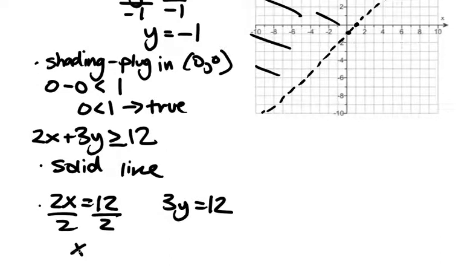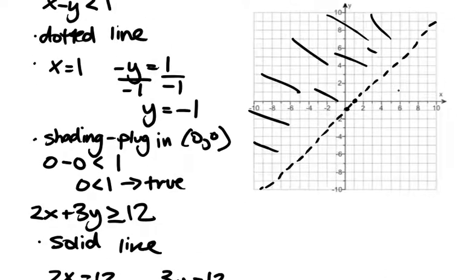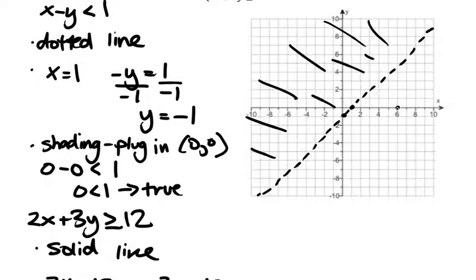So I'm going to mark 6 on the x-axis, and I'm going to mark 4 on the y-axis. Draw a solid line through those 2 points. And now I need to determine the shading.